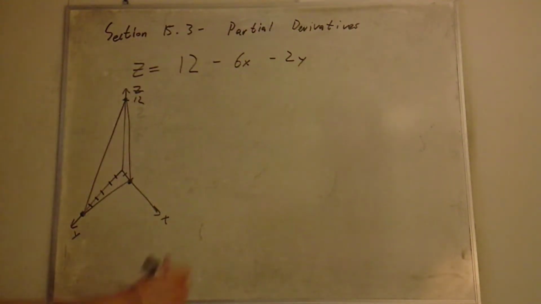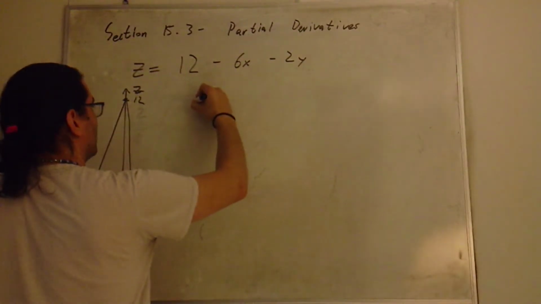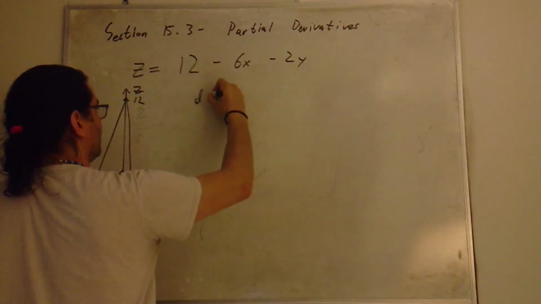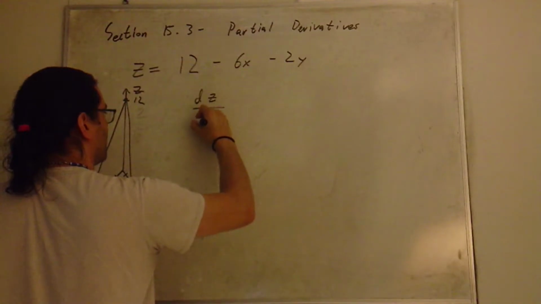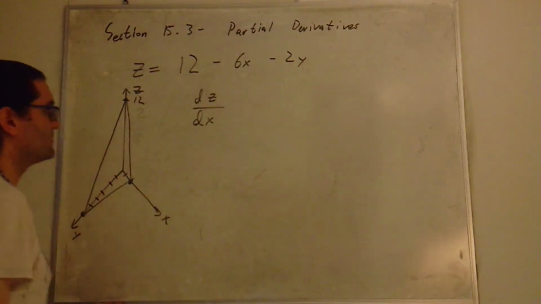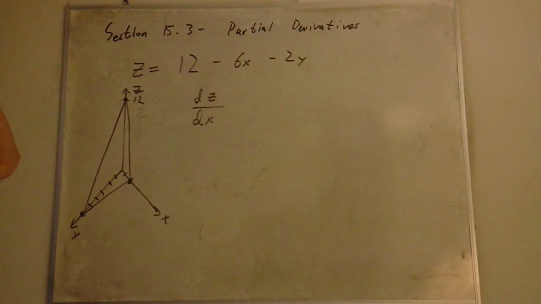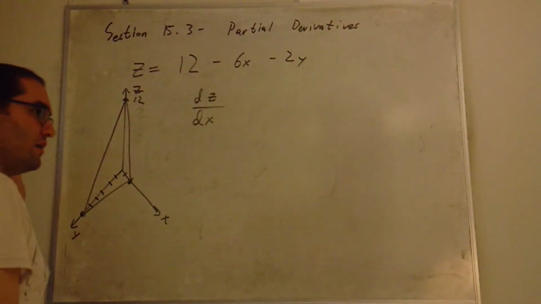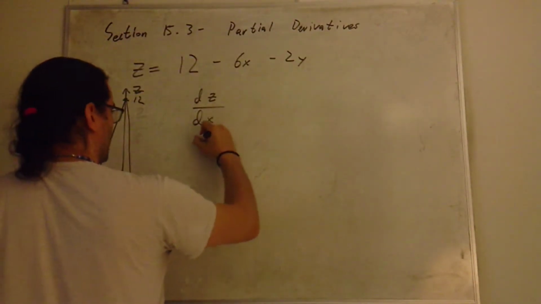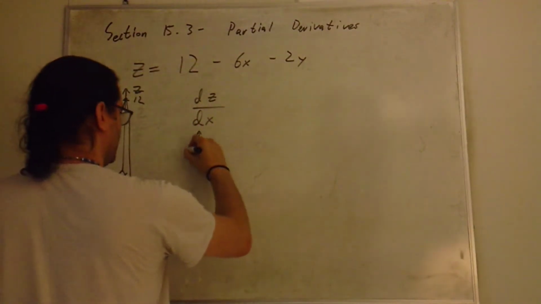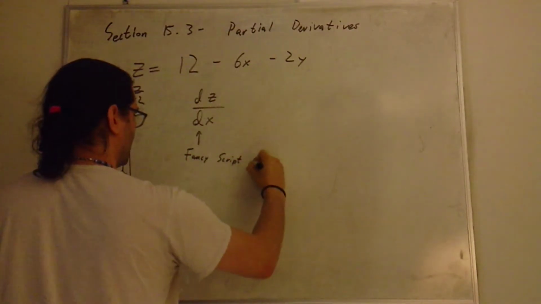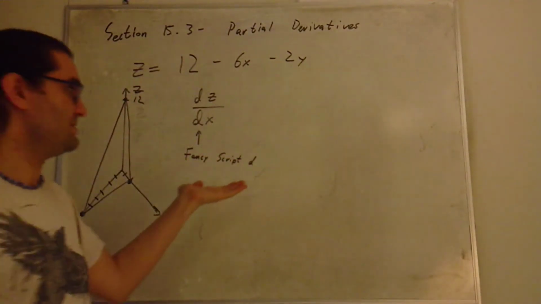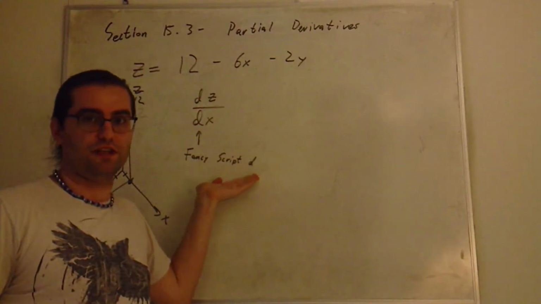So let's find the derivative of z with respect to x. I'm bad at writing this letter, but this is supposed to be a fancy script D. And the fancy script D means it's a partial derivative instead of a normal derivative.